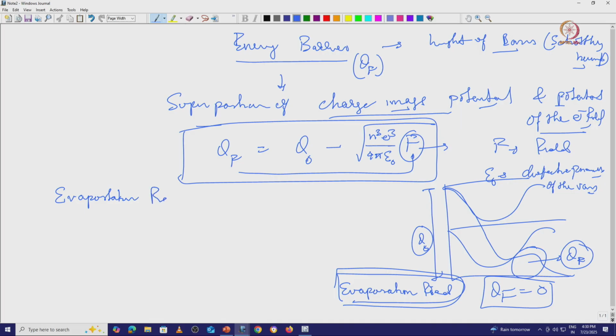To understand this, we first need to understand the probability, which is P EVAF, the probability of field evaporation.